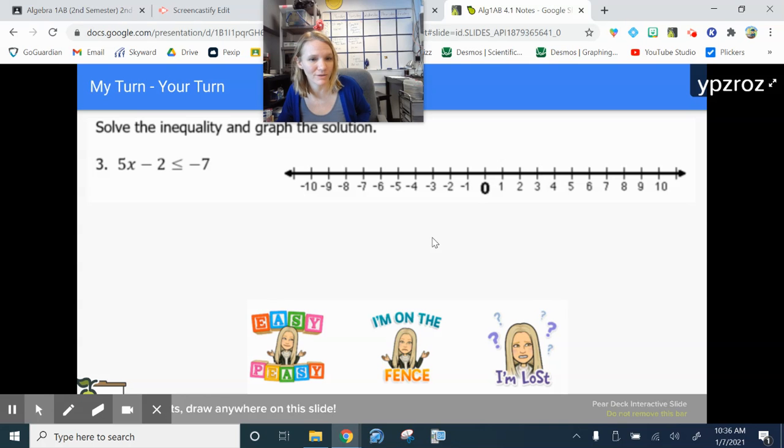So 7 minus 2 is 5, and then you would just keep the negative. So your 5x would be less than or equal to -5. Good. Looks like our solutions, we're doing pretty good.